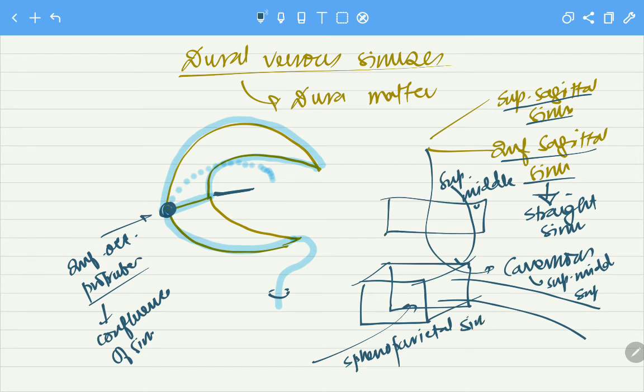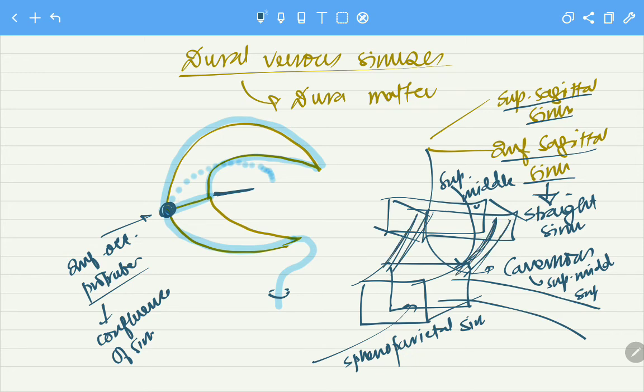Because there are two cavernous sinuses, they are also joined together by a group of sinuses which is called the intercavernous sinus, that lies anterior and posterior to the hypophysis.